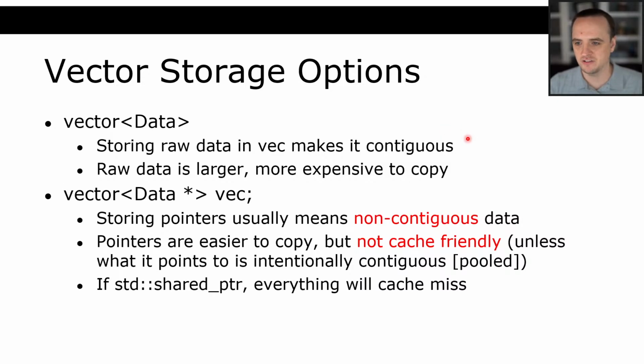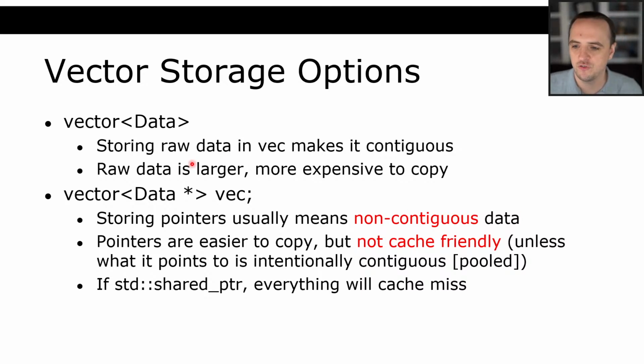So maybe we want to have a vector of pointers to data. Well, that has trade-offs as well. Storing pointers to data usually means that the data is not contiguous. These pointers are easier to copy, but they're not necessarily cache-friendly, unless the data that it points to is intentionally contiguous or pooled, which is not usually the case. And if this is a shared pointer, everything is going to cache miss.